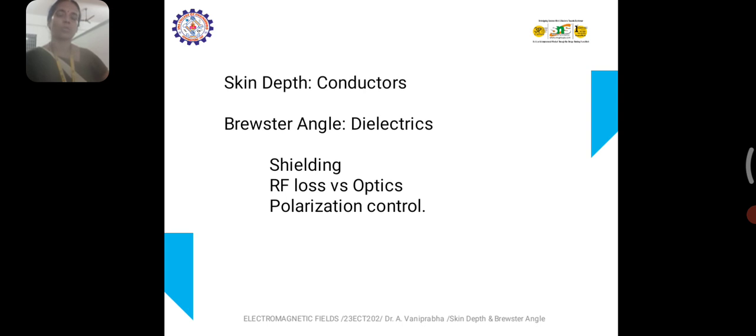The Brewster angle is suitable for dielectrics, offers good shielding, prevents loss in optical communication, and gives good polarization control for sunglasses and screens where a good video or image has to be recorded or monitored.